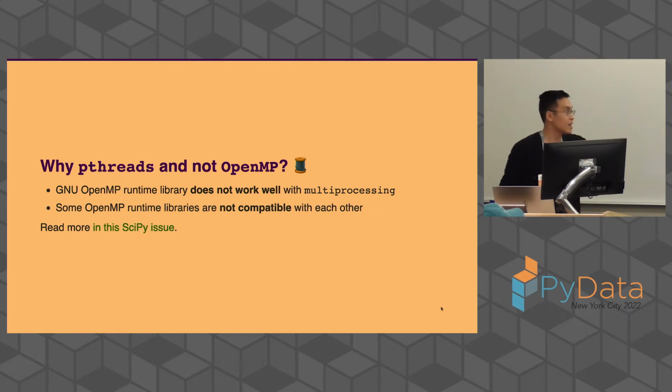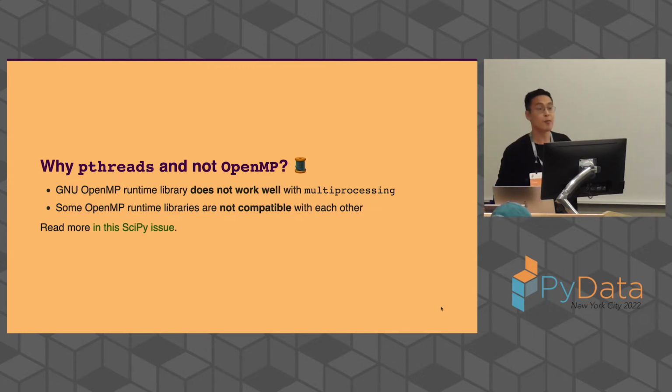This question was asked in an issue in SciPy when developing FFT. OpenMP has interesting little issues. For example, GNU OpenMP is not fork safe, so it doesn't work well with one of the start methods in multiprocessing.